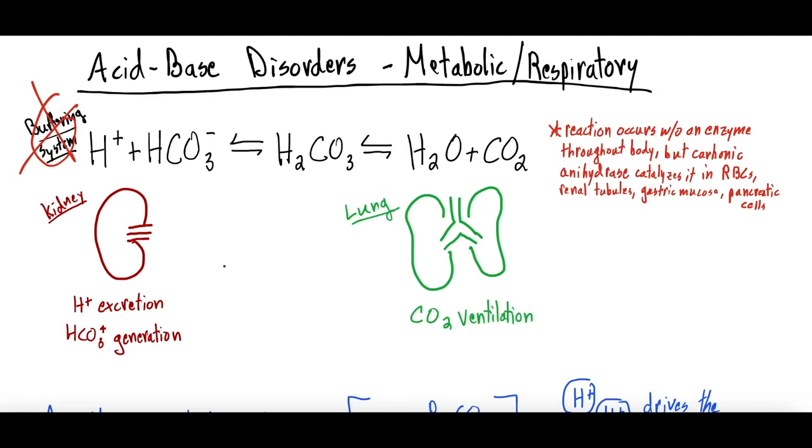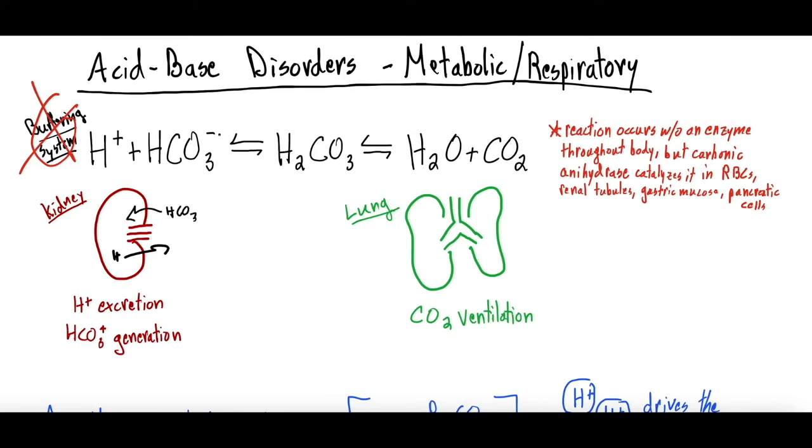The kidneys can regulate the amount of hydrogen and bicarbonate. They can excrete hydrogen and generate bicarbonate. So if this equation is overwhelmed and we have too much hydrogen, the kidney can just take this hydrogen and excrete it out. If we need more bicarb, the kidney can absorb bicarb into the blood.